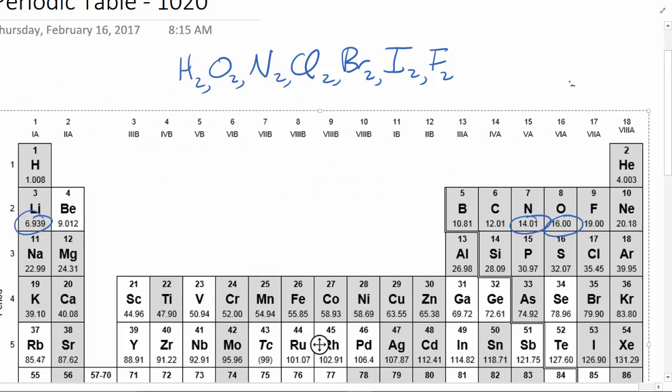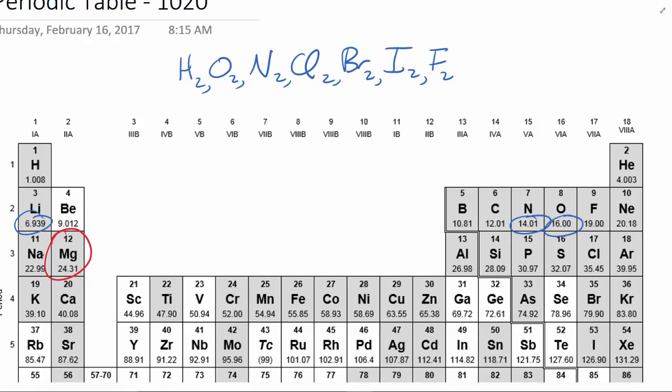The reason why it's not 2 is because we need to go back to where they're located on the periodic table. Magnesium is Mg with a charge of how much? 2 positive. Oxide is O with a charge of 2 negative.